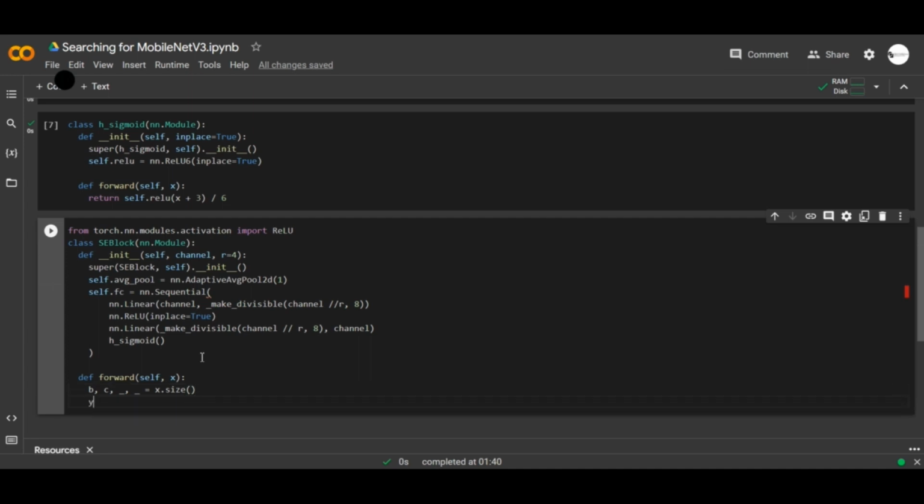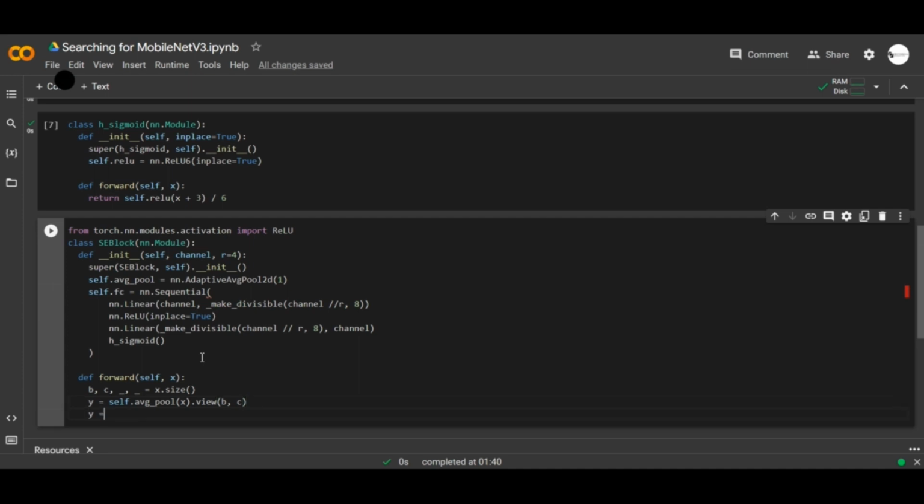Then we say Y equals self dot average pool, taking X dot view B and C. So we try to squeeze the elements to a scalar, right?